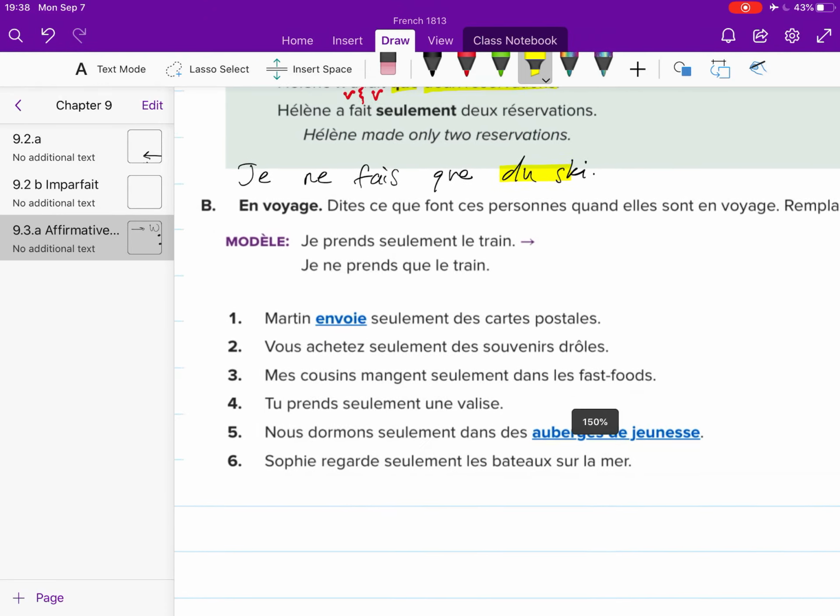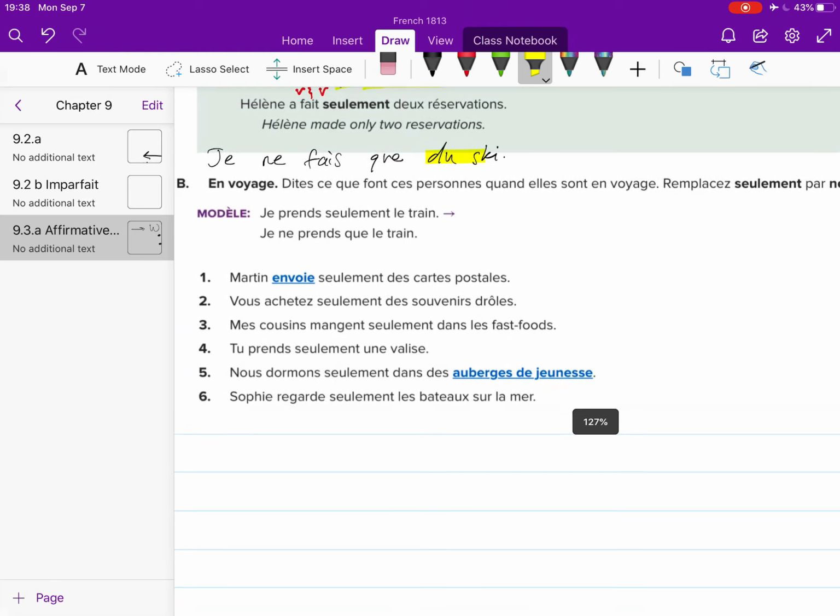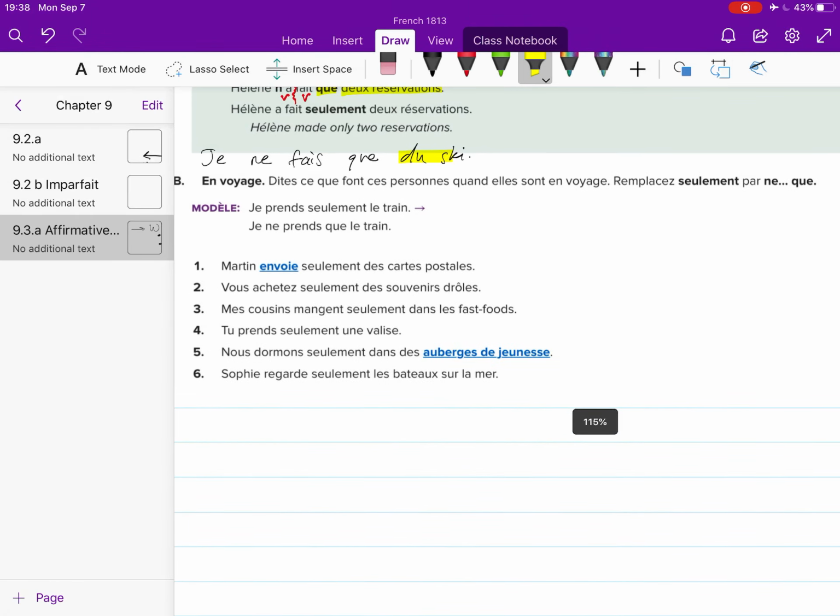All right, this exercise I'm going to also have you do with your partner. En voyage, dites ce que font ces personnes quand elles sont en voyage, remplacez seulement par ne que. So you are replacing the seulement with your ne que here. Example, je prends seulement le train. Now I'm going to put my ne que around the verb. Je ne prends que le train. I'll do one example with you. Martin envoie seulement les cartes postales.